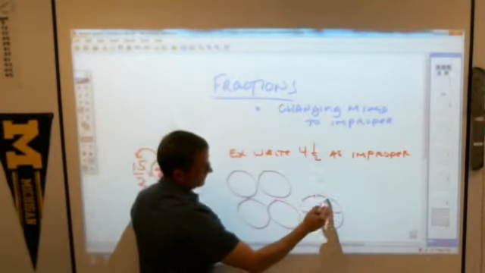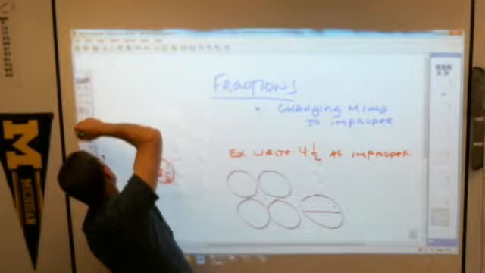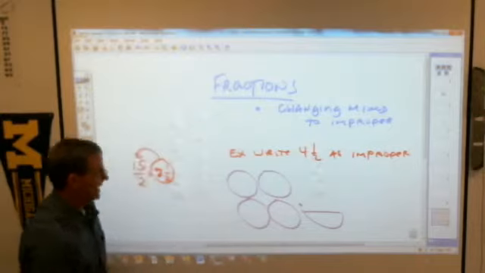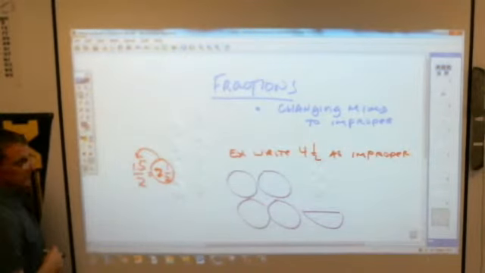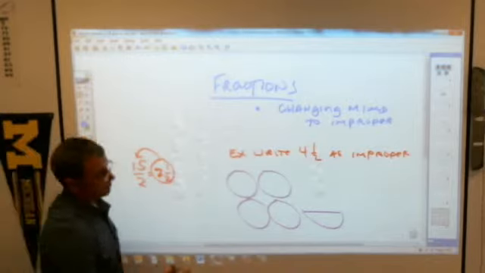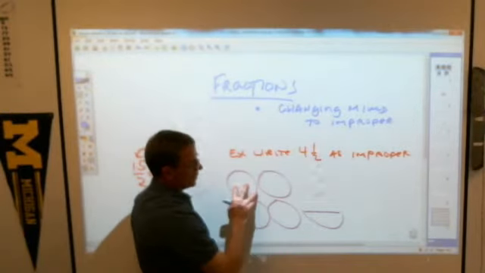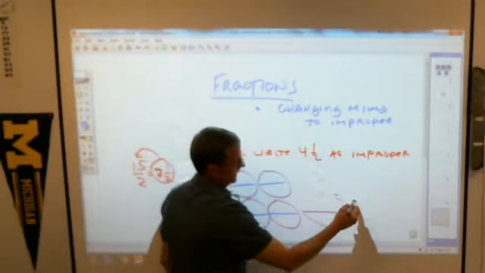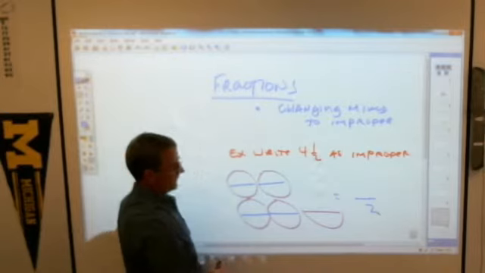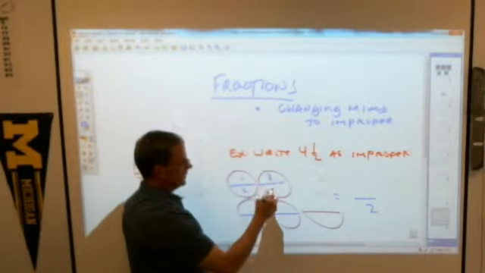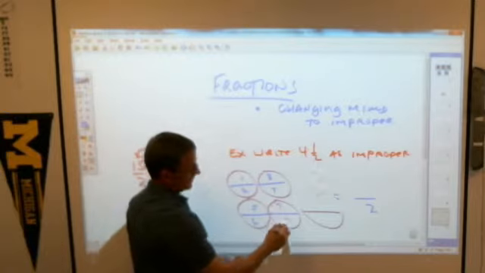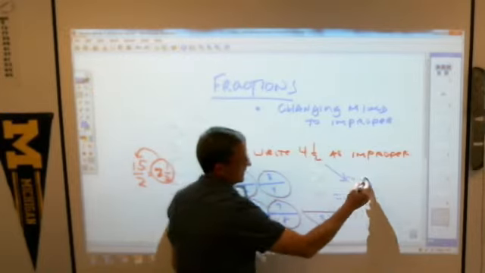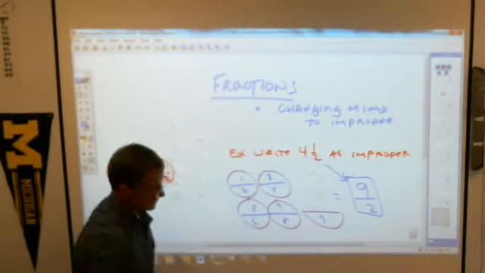Since this one was cut in half, I want to change all of my whole numbers so they're halves as well. So how many halves would that be? 1, 2, 3, 4, 5, 6, 7, 8, 9. 4 1/2 as an improper fraction is 9 halves, because we changed them into halves.